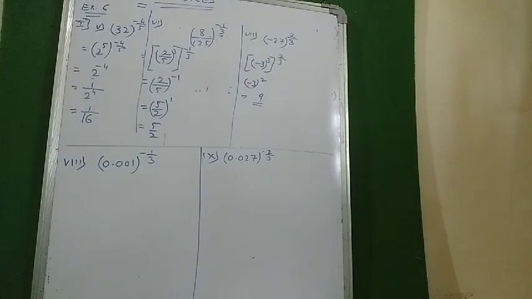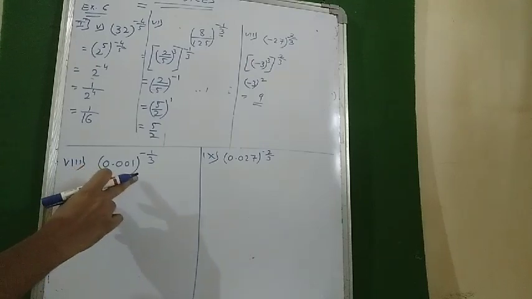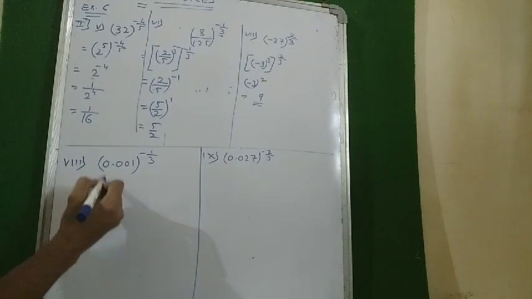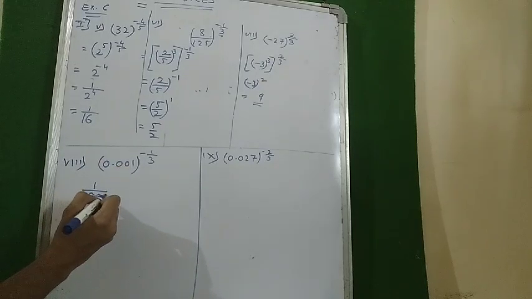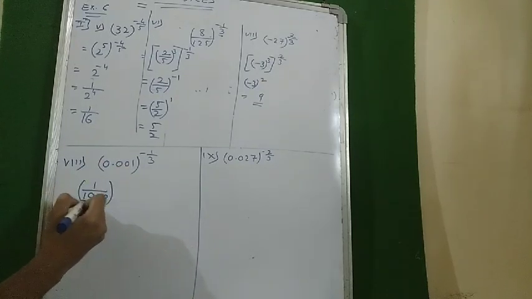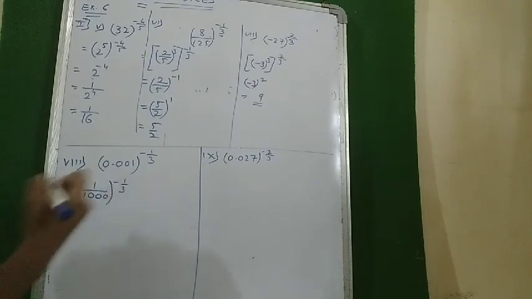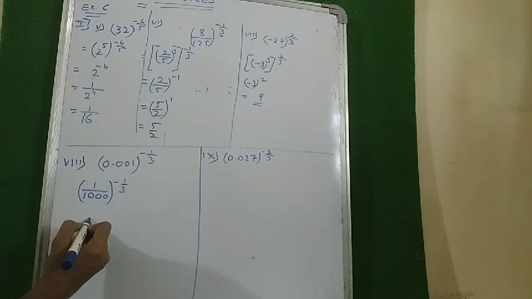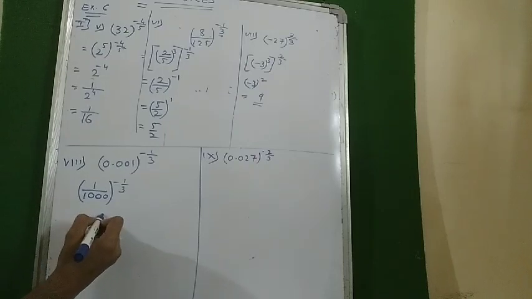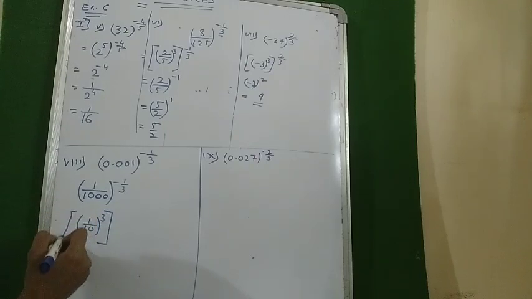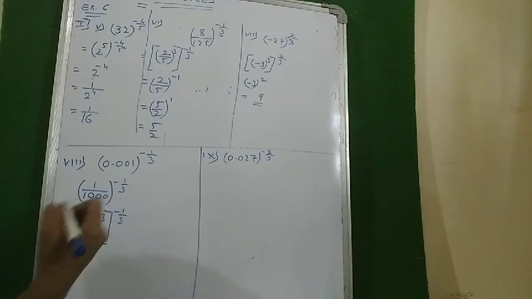Okay. Now the 8th one. What is there in the 8th one? We have 0.001. 0.001 can be written as 1 upon 1000, 3 zeros, whole raised to minus 1 upon 3. So 1 upon 1000 means it is 10 cube. So I can write 1 upon 10 the whole cube, whole raised to minus 1 upon 3 as in the question.